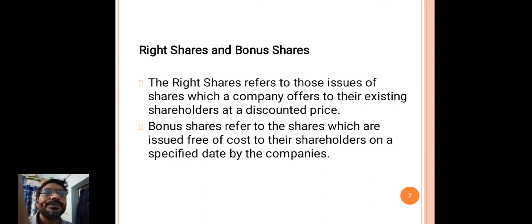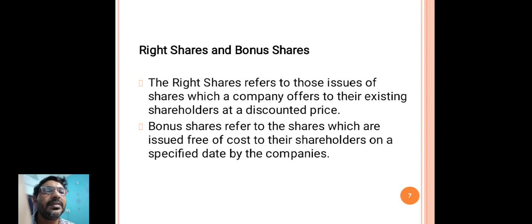Some companies issue the forfeited shares, or the leftover shares, to the existing shareholders at a discounted price.